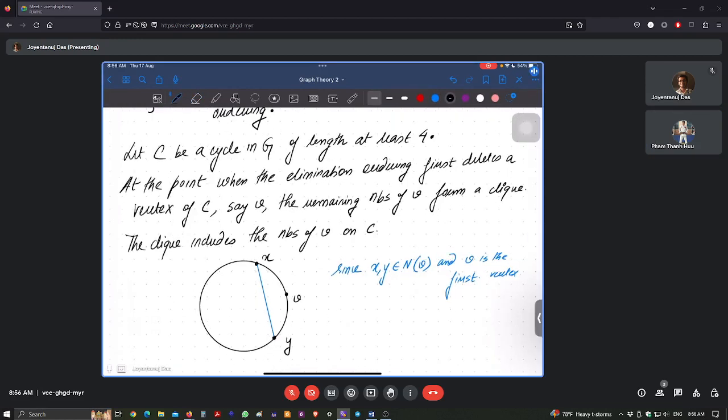So we are given a simplicial elimination ordering, right? So there must be an ordering among the vertices which we are deleting gradually. V is the first vertex on the cycle that we are deleting.